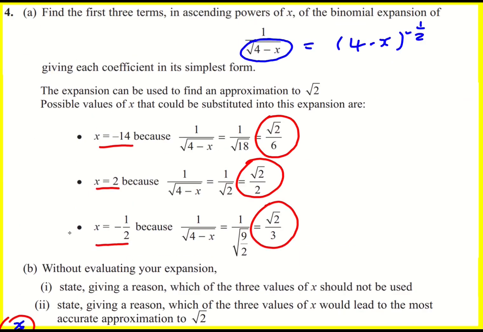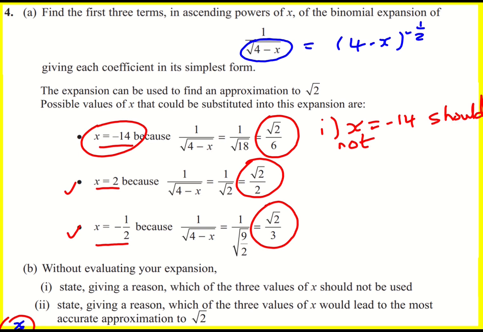Okay, well, 2 are absolutely fine. It's this one that's not. So our answer to part 1 is going to be x equals minus 14. Should not be used. Because what would actually happen in this case is the terms wouldn't go to 0. That's a requirement for our expansion.